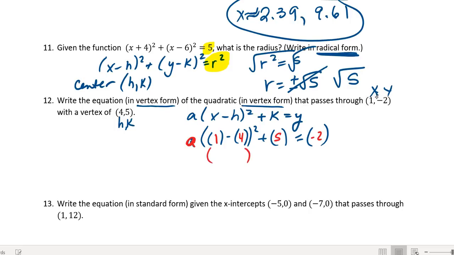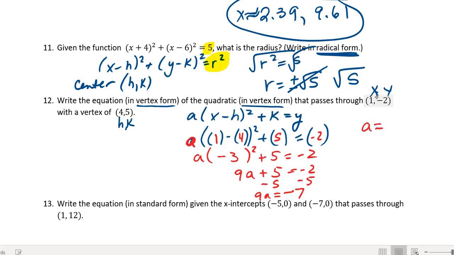So we know that 1 minus 4 is negative 3. And we know negative 3 squared is 9. So 9a plus 5 is equal to negative 2. So now I'm going to solve for a. And I'm going to get a is equal to negative 7/9.